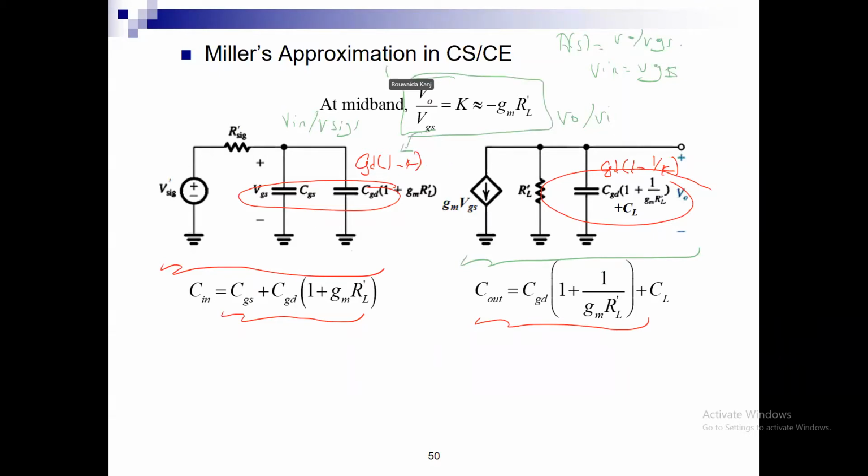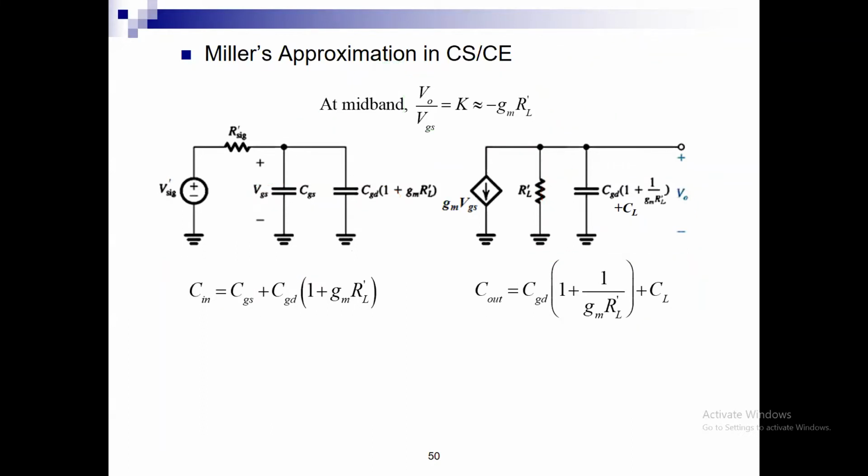This is step number 1. So the first step, if we want to look at it this way, is we find the mid-band gain, and then the second step is we build those capacitors.